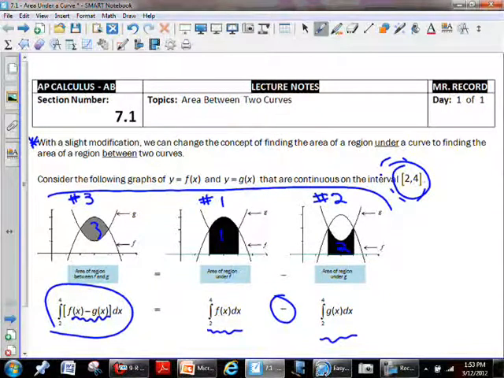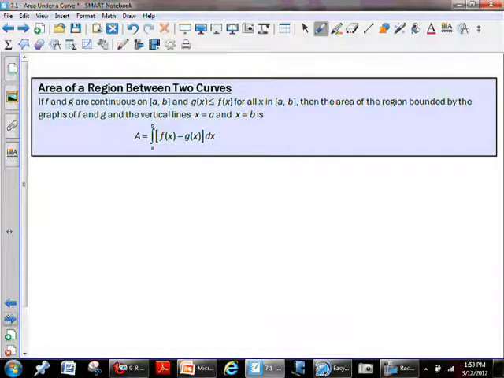Does that make sense? So really, you've got this grand expression that says if f and g are continuous on an interval, and this is really important, I can't emphasize this enough, the g function must always be less than or equal to the f function. A lot of times I like to twist this around and say that the f function would always be above or equal to the g function, on some interval between a and b.